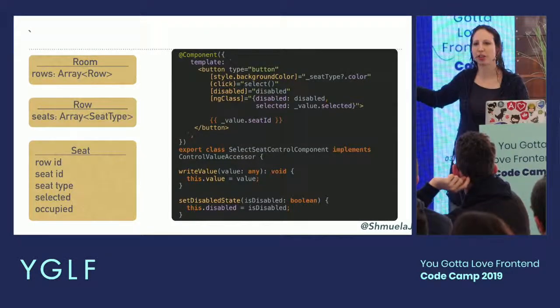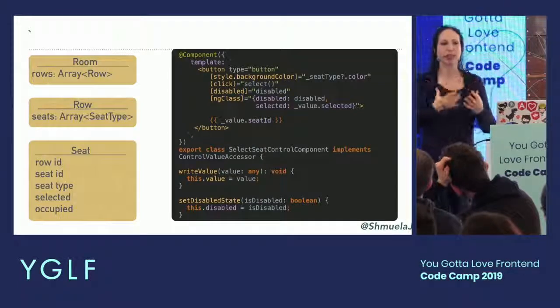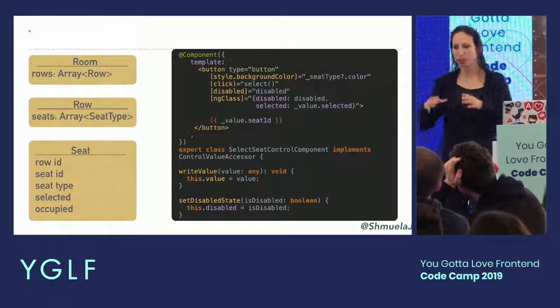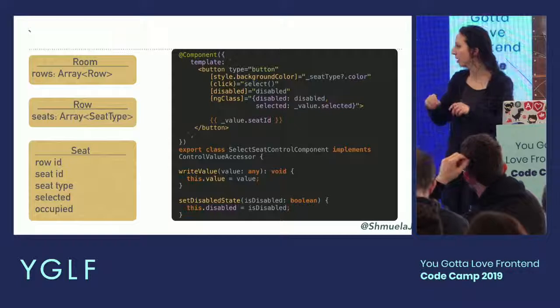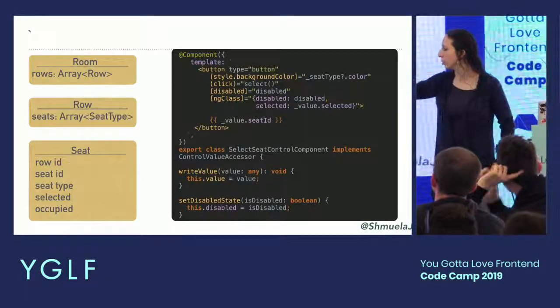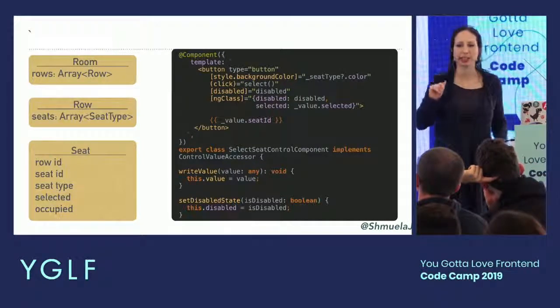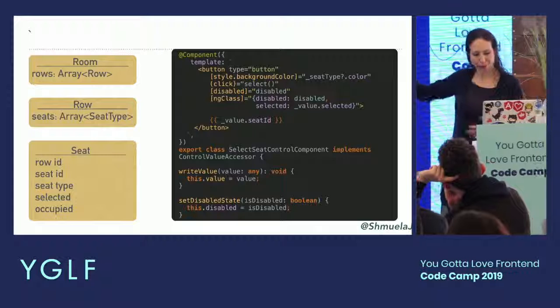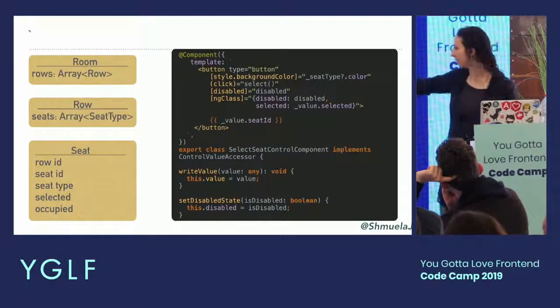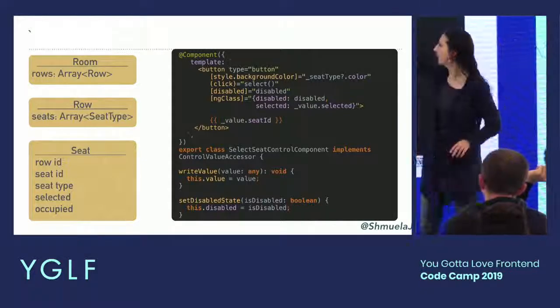which is the method that Angular will call whenever we programmatically write a value to this control. And we don't have to, but in this case I needed to implement also what happens when this control is disabled. So I'm getting this disabled state, and you see that I update it here.